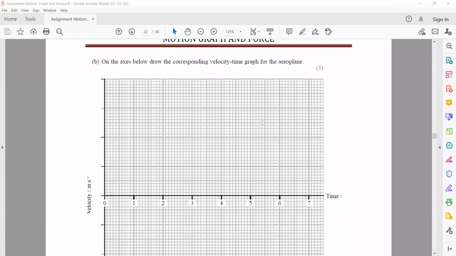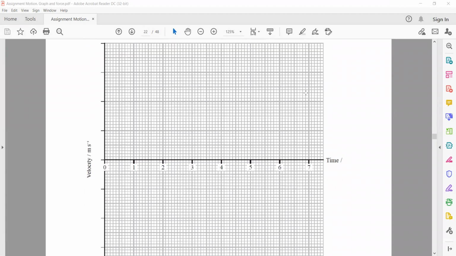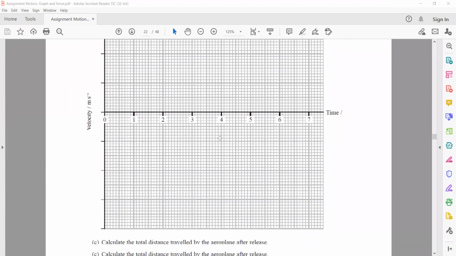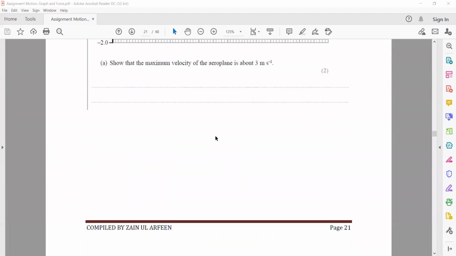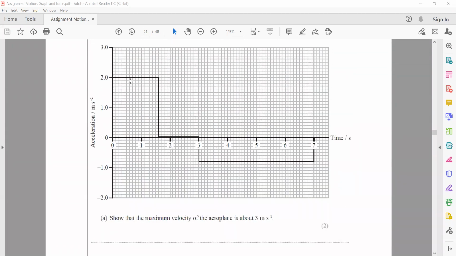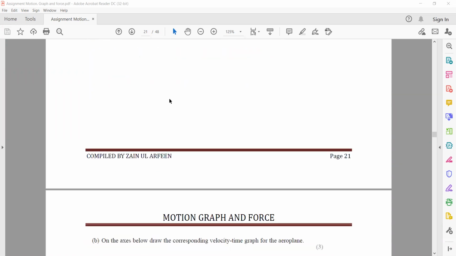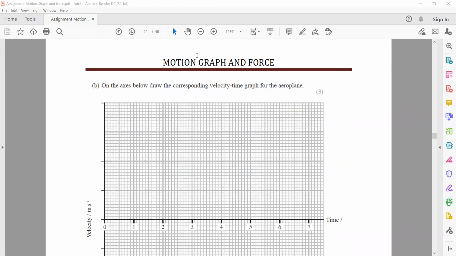On the axes, draw the corresponding velocity-time graph for the airplane, and calculate the total distance traveled after the release. So first, for 1.6 seconds, it moved with a constant acceleration. The maximum speed was 3.2.